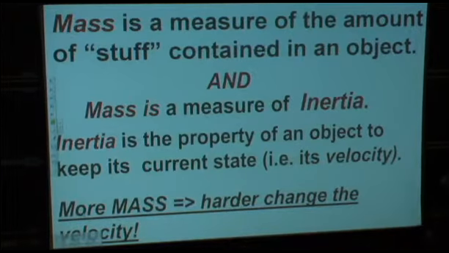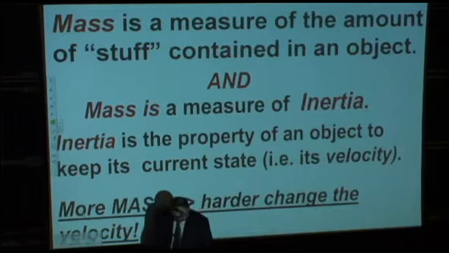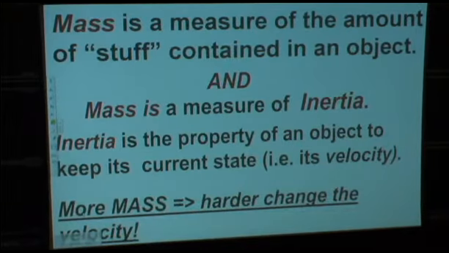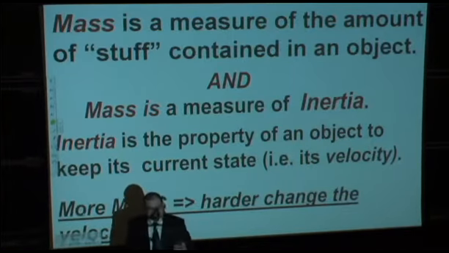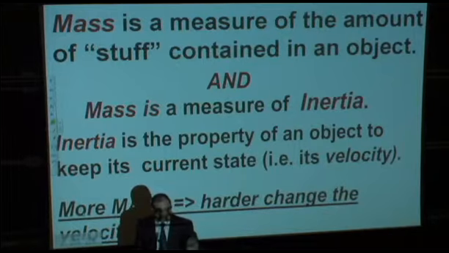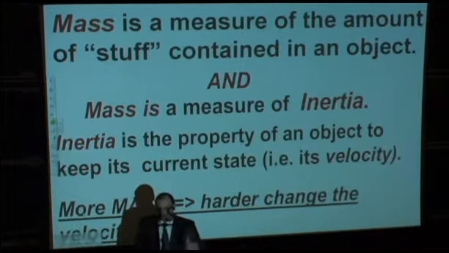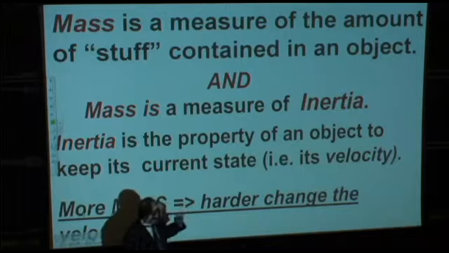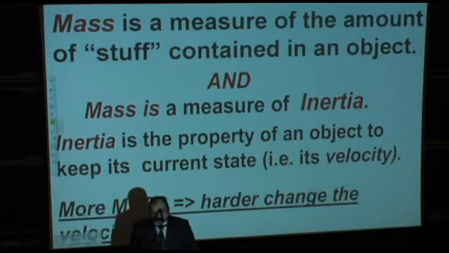Now, we used to think about mass as a parameter which describes how much stuff we can fit in something. Like this is an empty glass, but if I fill it with a 1 kilogram weight, it's heavy. But on the other hand, now, due to Newton's second law, mass becomes a measure of inertia.